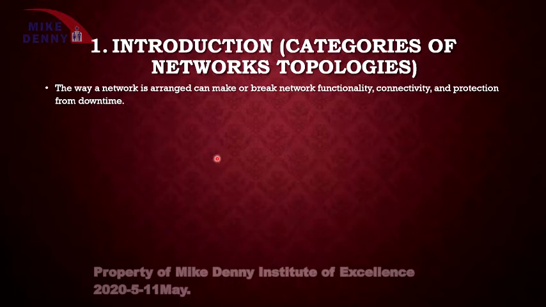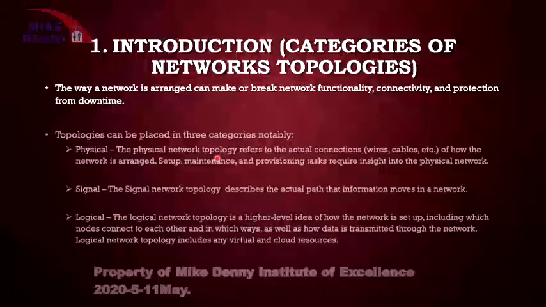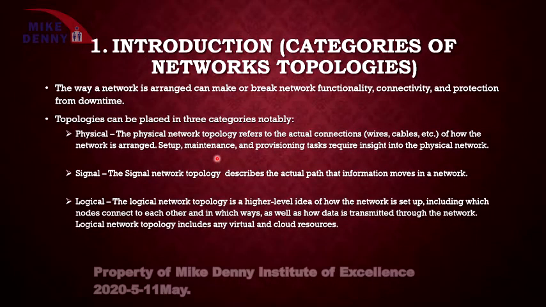So topology can be placed in three categories, notably: we have the physical, we have the signal, and we have the logical. The physical network topology refers to the actual connections, when we talk about the wires, the cables, etc., of how the network is arranged.